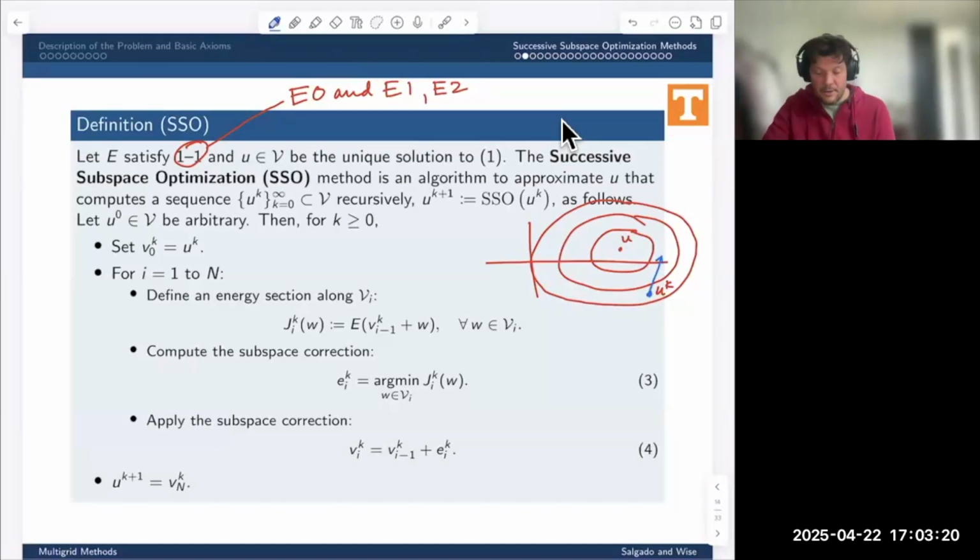We're going to go along that direction, and we're going to call that direction the direction of VI, or in this case, V1. If we're at I equals 1, then we're going to create this energy section, J1K. How do we do that? We just take the energy and slice right through it. We make a cut, and that creates a parabolic shape.